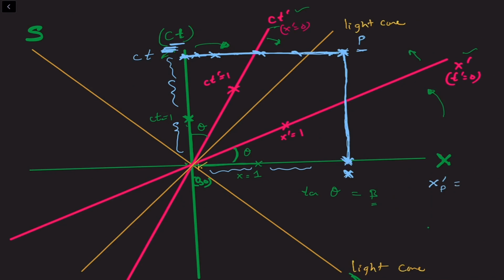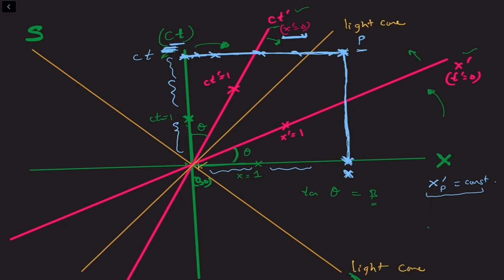That is, we're looking for the line x prime P is equal to constant. You can easily convince yourself that this line will be parallel to the x prime is equal to 0 line, and therefore we get a line that passes through P and is parallel to the x prime is equal to 0 line.